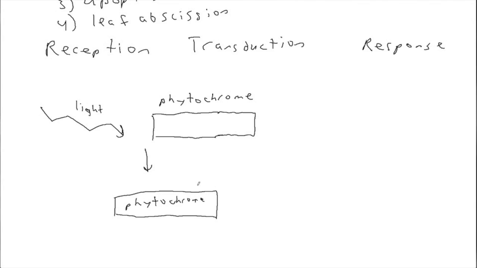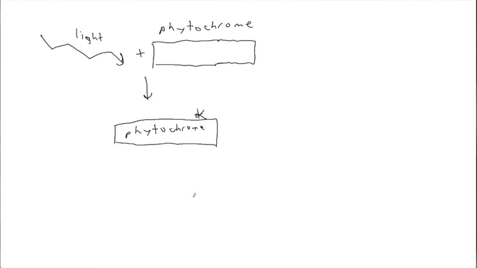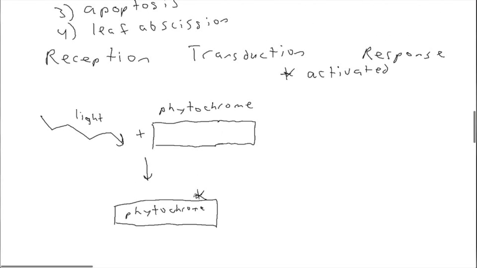So I'm going to use an asterisk to show when something is activated. The light hitting the phytochrome activates the phytochrome. It causes the phytochrome to change its shape in a way that it can carry out the next step. So which part of the process have we done so far?